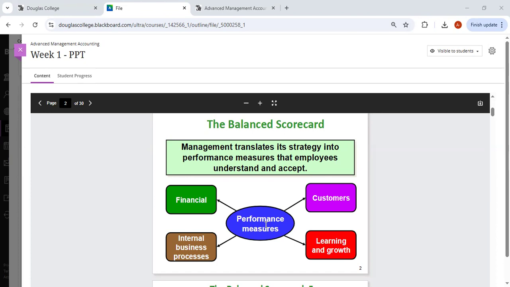I have the financial performance measure, the customer performance measure, internal business process, and learning and growth.